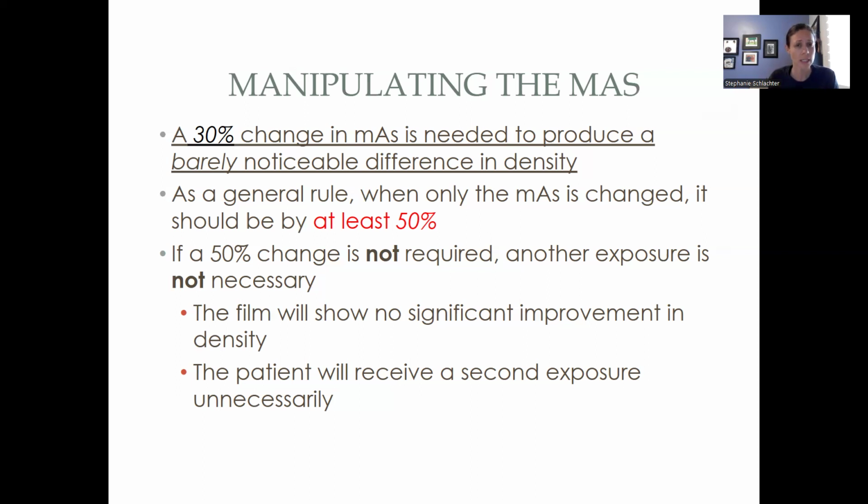So if we don't need to change it by that much, then we're not going to take another exposure, because we're just wasting our time, and exposing our patient and ourselves to more radiation that's not necessary. So if it doesn't need a 50% change up or down, then we're not going to change it. If it is too light or too dark and we want to make it lighter or darker, we are going to do it by 50%.